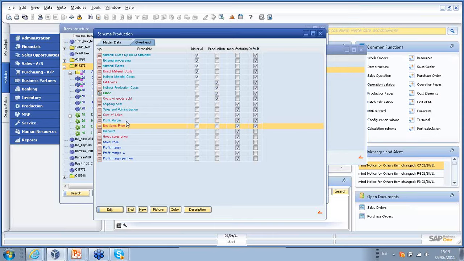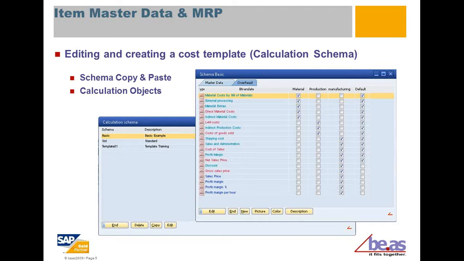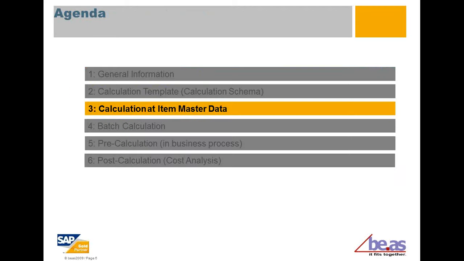So then we can also calculate the theoretical sales price of one item and fill this value in a Business One price list. Okay, I will come back to that later. So let's come back here to our presentation.